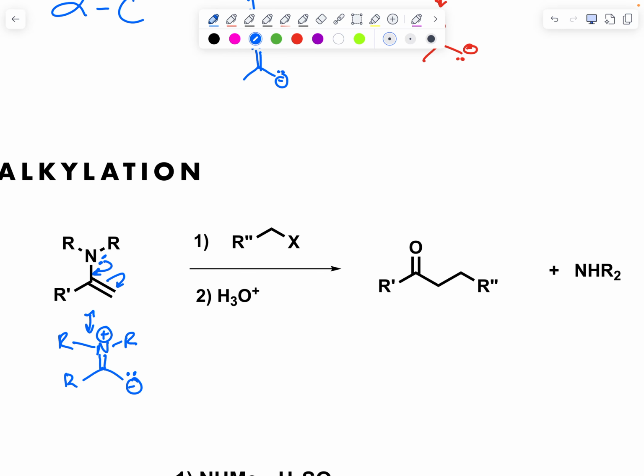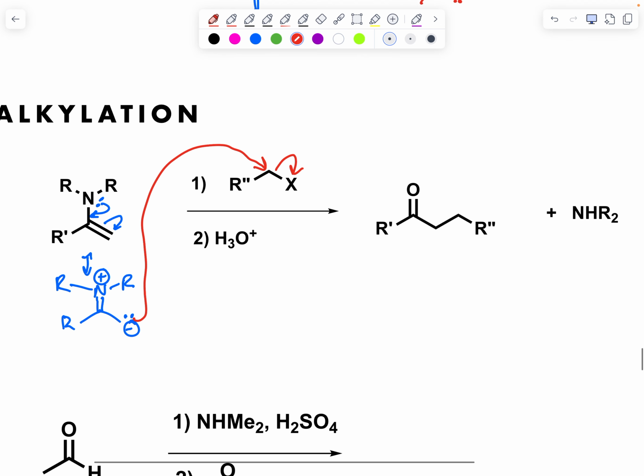And look where we are. I keep dropping off the prime there. R prime, R double prime. Double bond to oxygen with a proton. And we've generated the amine as well. And now the amine or water, something will come along and pull off that extra proton so that we can neutralize the product.